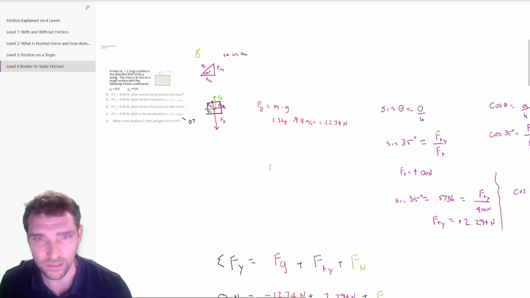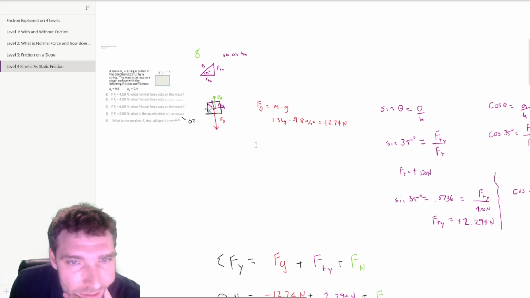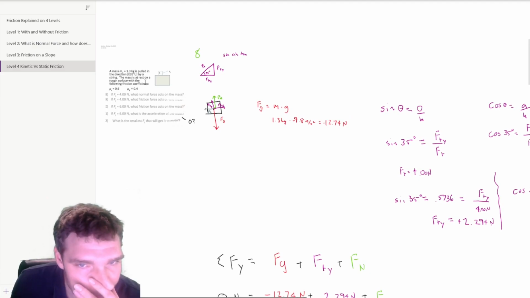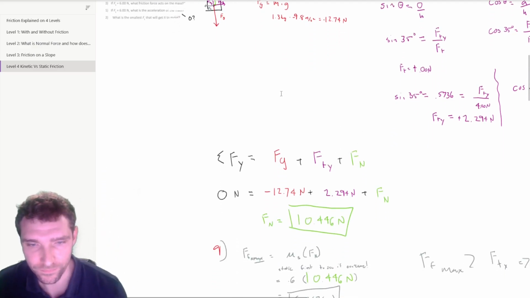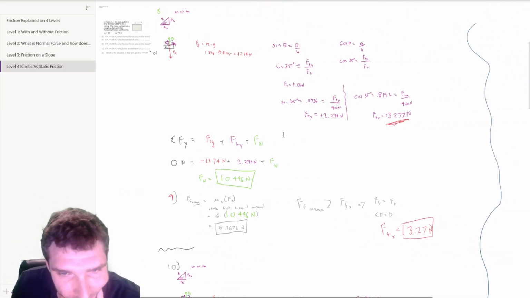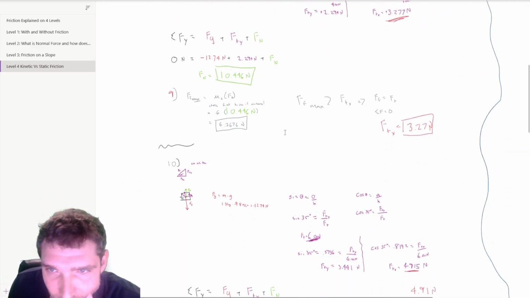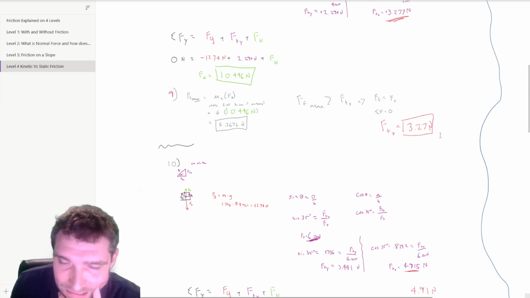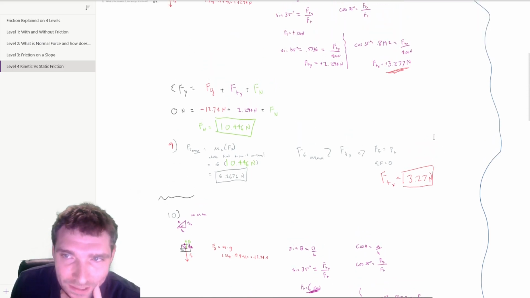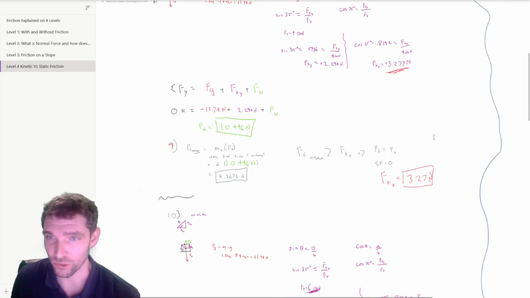So for example, in this problem here, I think it was in part A or B, you were able to realize that this object had a force max of 6.2, but it actually only needed 3.27 to stop the motion in the x direction.